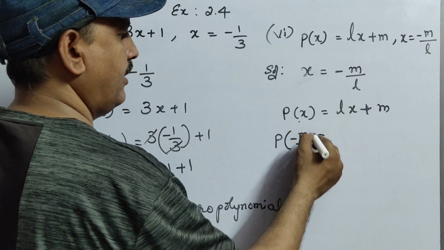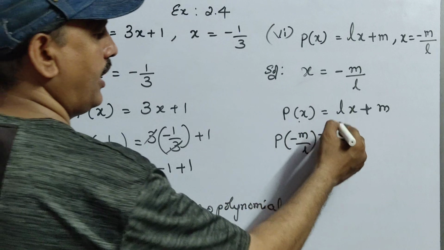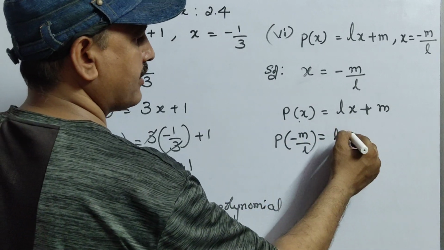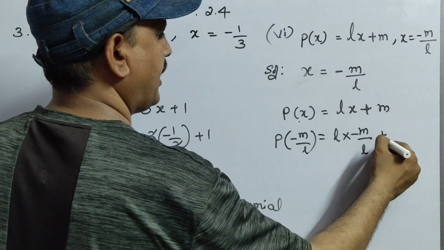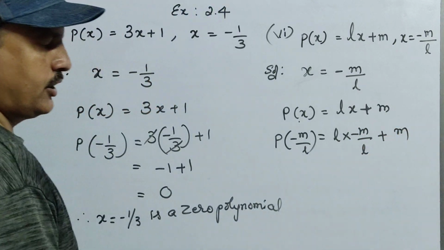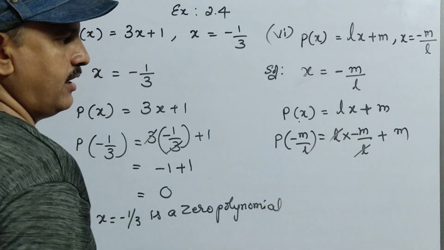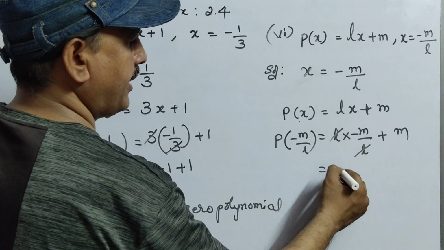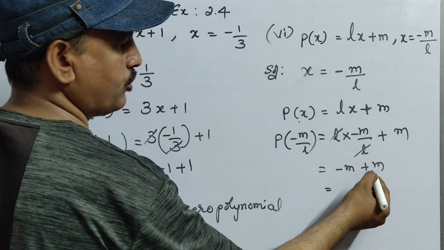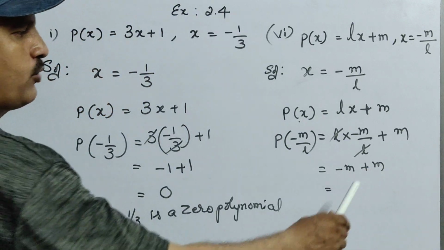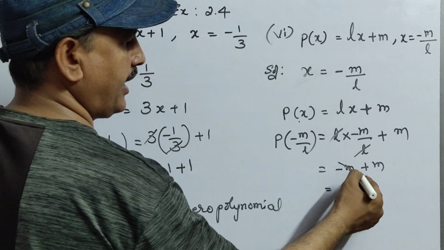P of minus m by L equals L into x, that is L into minus m by L, plus m. Now L gets cancelled, so minus m plus m. Both are m's, like terms, but one is positive and one is negative, so they get cancelled.